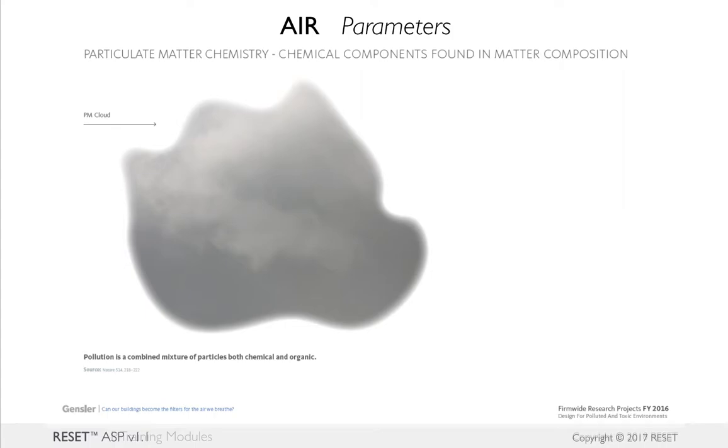And this fact is really brought to the fore when, again, we look at outdoor particulate as a growing global problem. Particulate matter is a mix. It's a cloud of particles from all kinds of chemicals that blend and combine and react with one another as they travel. And I want to give credit yet again to Gensler with their firm-wide research report from 2016, where they're illustrating here that particulate matter is starting off as one thing.